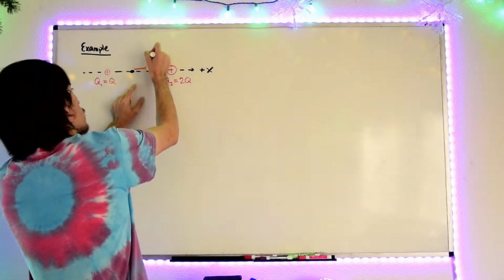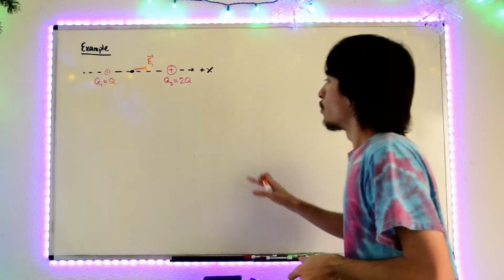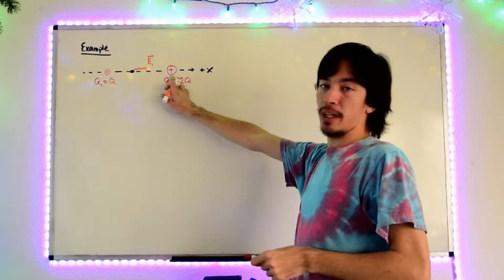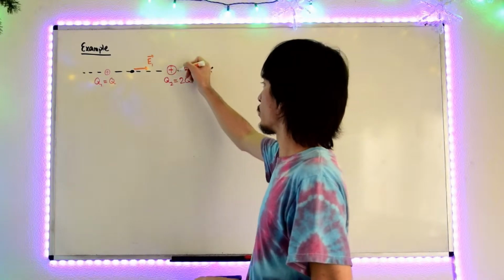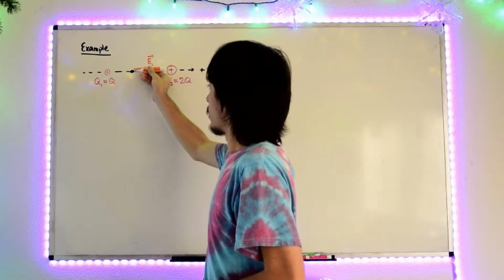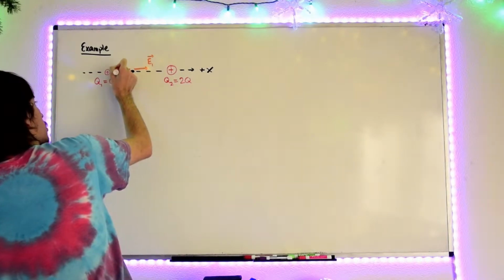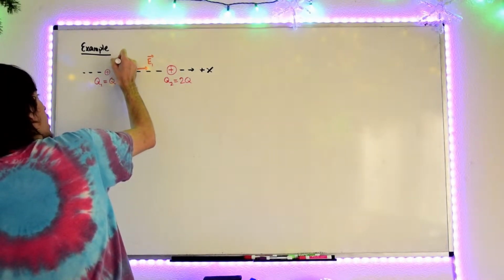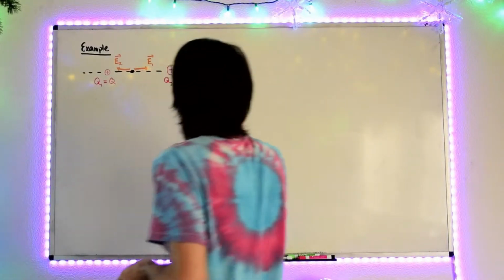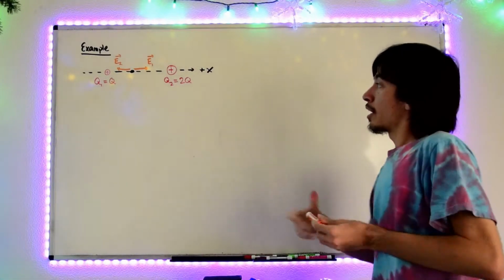We call that E1. We then have the same thing happening for Q2, in which the electric field will go along this line away to the left, because it's again another positive charge, so it also has electric fields going away from it. So that's a fair guess.